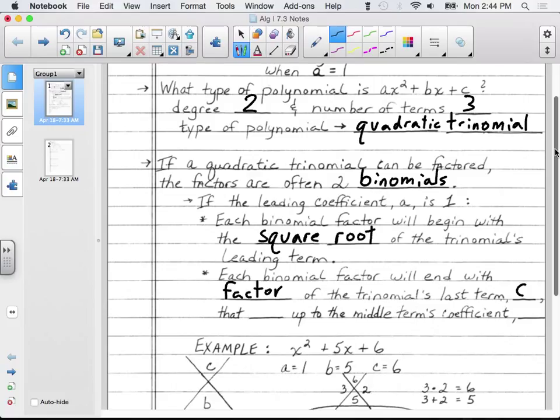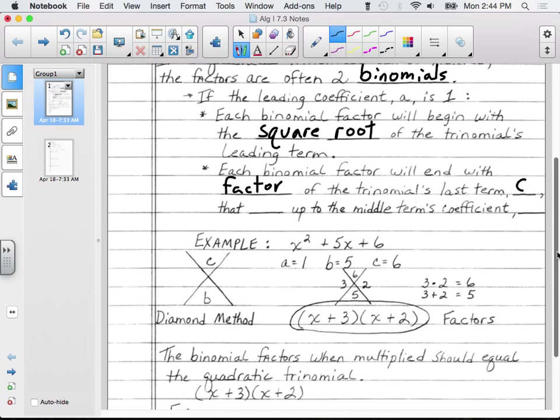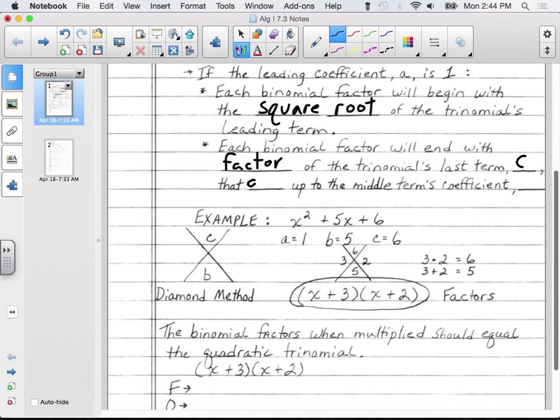After we find the factors of c, those two numbers also have to add up to the middle term's coefficient, which in this case is b.